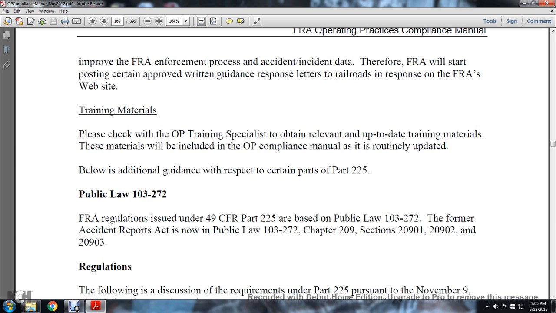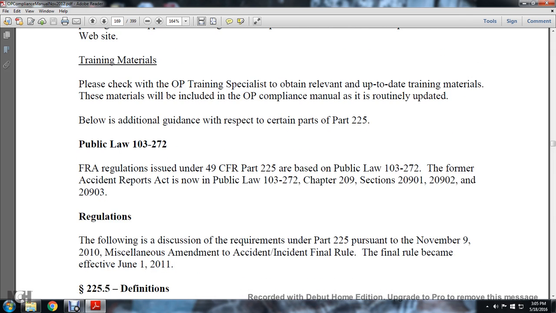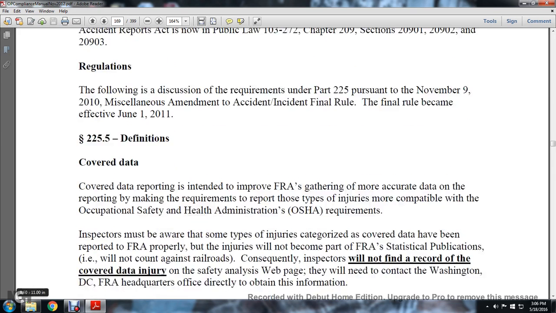The former Accident Report Act is now Public Law 103-272, Chapter 209, Sections 20901, 20902, and 20903. The following discussion covers the requirements under Part 225 pursuant to the November 9th, 2010 miscellaneous amendment, the accident incident final report. The final report activity is effective July 1st, 2011.